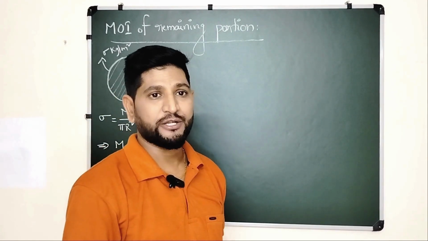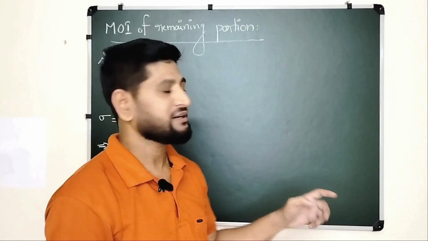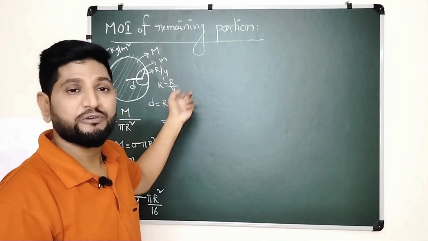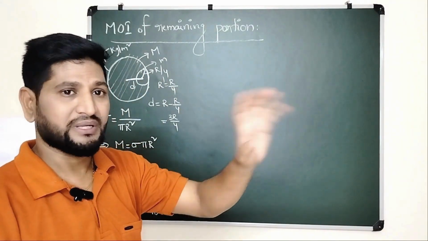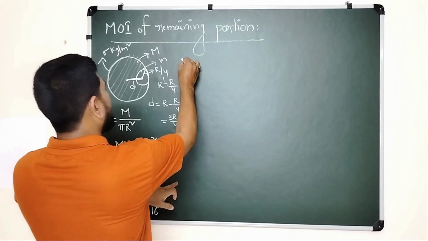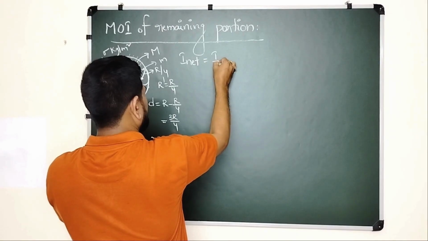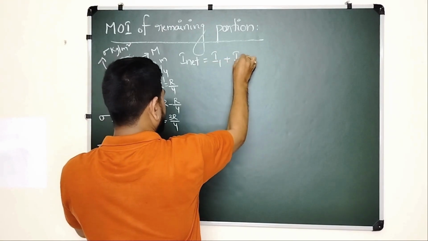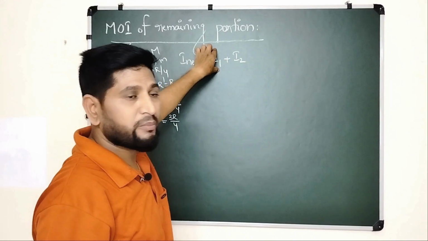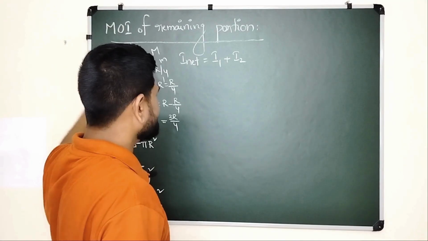Now we need to find out the net moment of inertia when the material is removed from the uniform disk. So I net is equal to I1 plus I2. I1 is the moment of inertia of the whole disk.